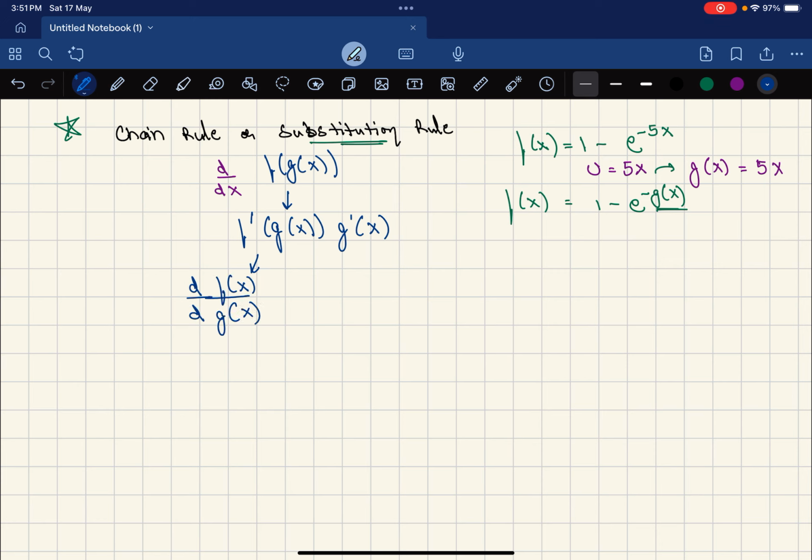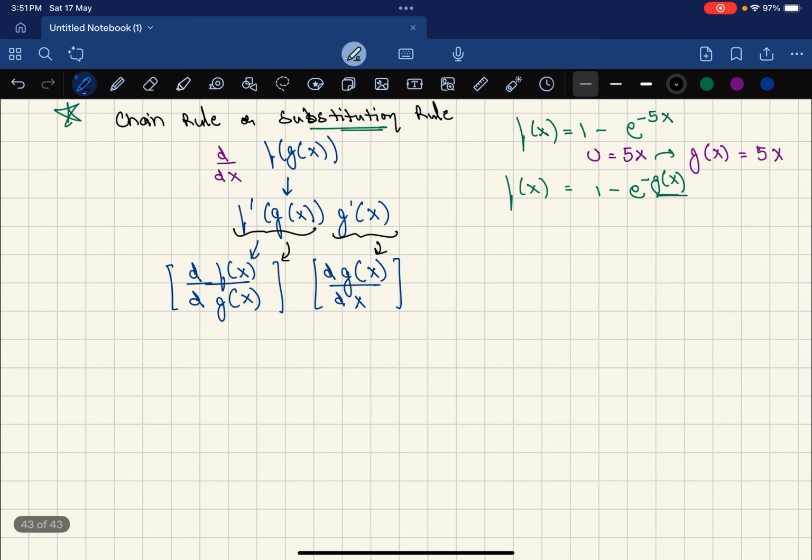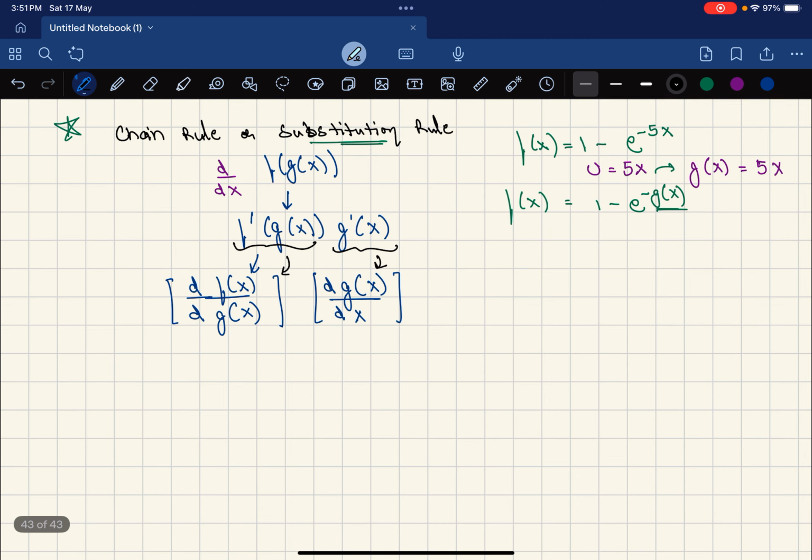So instead of differentiating with respect to x, we are first differentiating with respect to g(x) itself, because it would be easier for us to do so, and then we are differentiating g(x) with respect to x. So this term here is g'(x), and f'(g(x)) is the other term. This is how we use the chain rule or the substitution rule to get the required derivative.